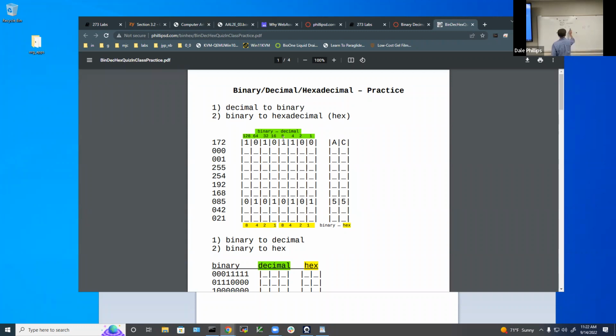Now, I may come back to this modulo idea when we talk about some optimizations on doing things, but that's basically all you're doing in this assignment. So I say 1 plus 2 plus 4 plus 8 plus 16 equals, and then I write it down in decimal, leading 0.